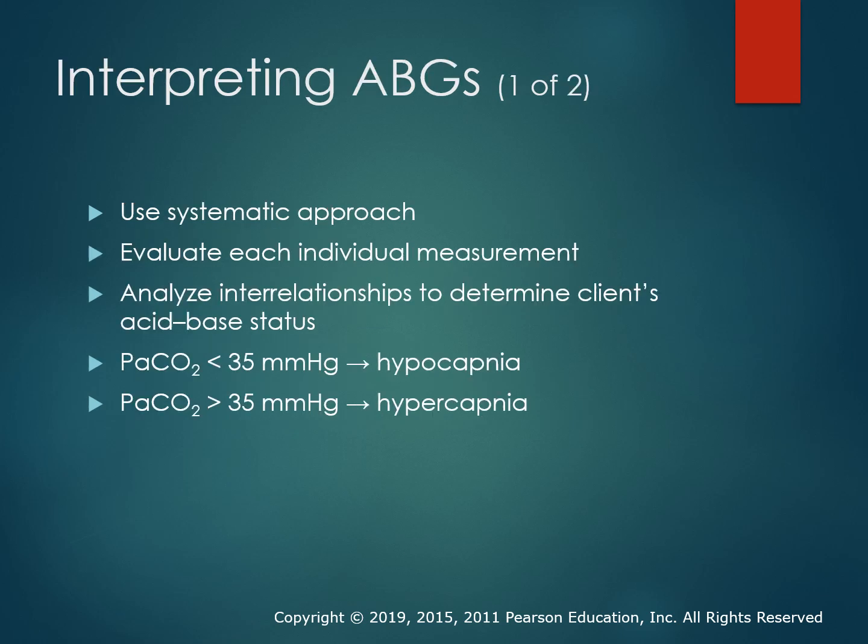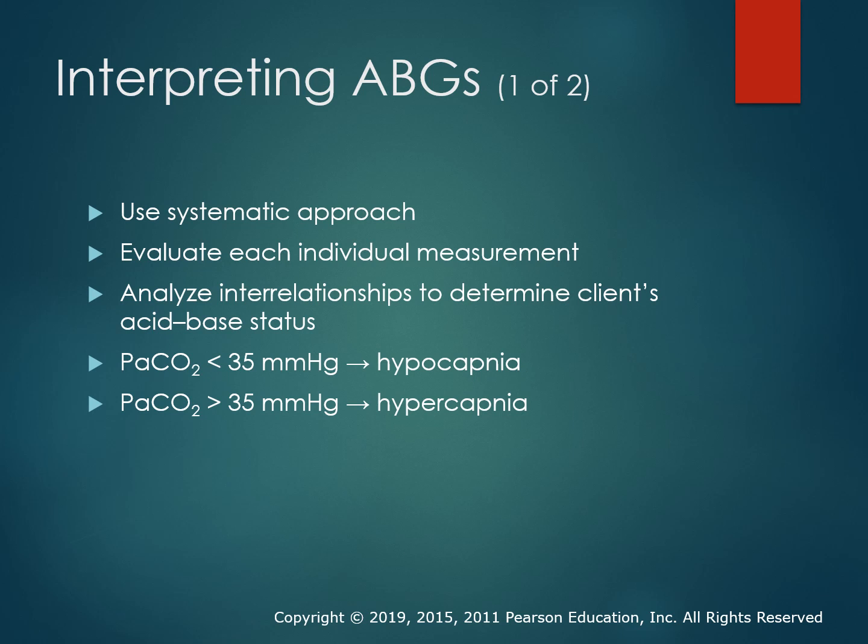So again, this text really is, if you just sit down and read it, very clear. So if you have a CO2 less than 35, you're hypocapnia, and CO2 greater than 35, you're hypercapnia. And so those are just two terms that you need to know.